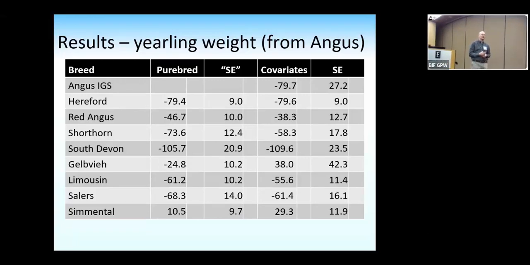So genetic trend is not maybe in all of these quite the same way. The other thing about this is it's probably not the same for each of the breeds that participate in terms of the age of when that Angus was brought into the breed.